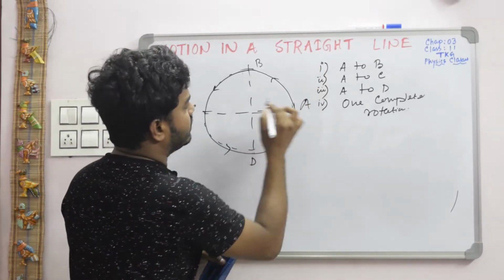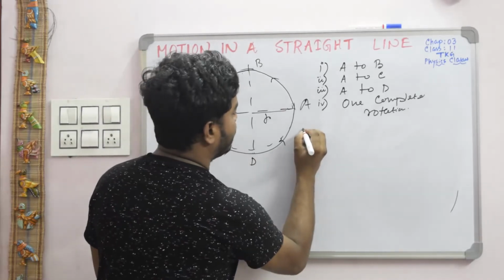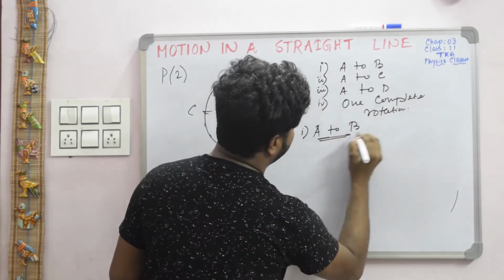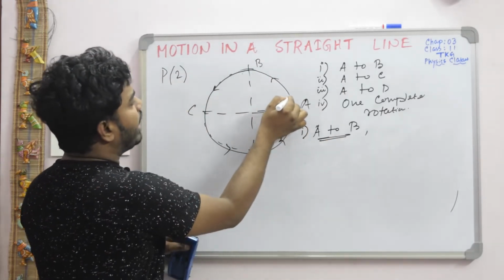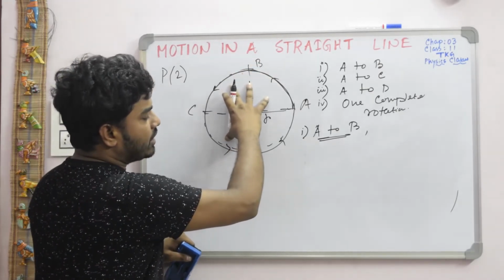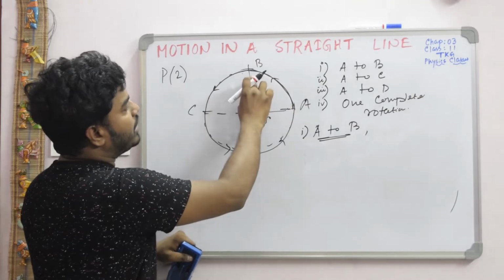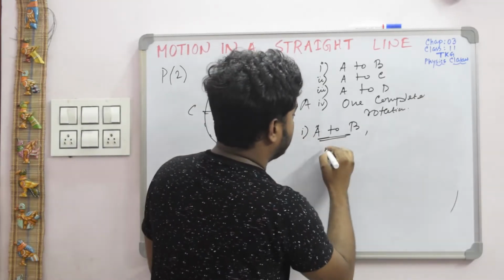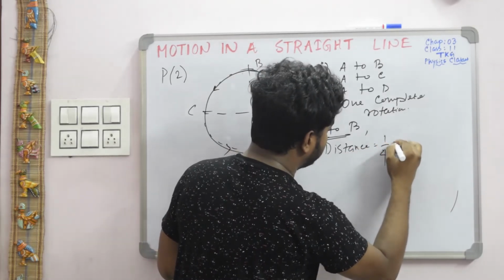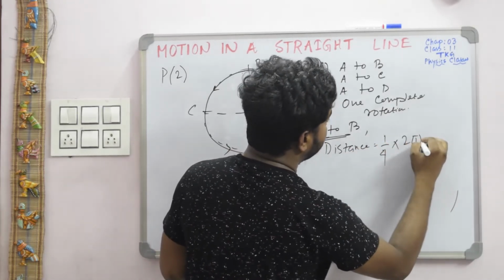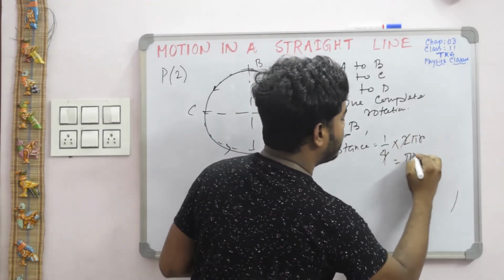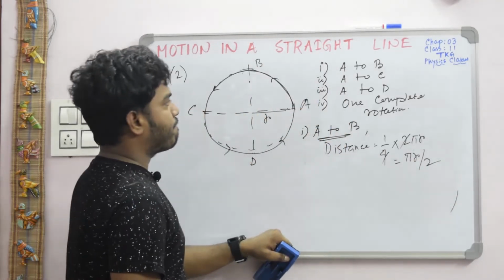We have to find the distance and displacement for these cases. The radius is given as r. So first case, when the body moves from A to B, what will be the distance? The body moves from A to B, this portion. The total circular perimeter is 2 pi r, and A to B is 1/4, so the distance is 1/4 into 2 pi r, the perimeter of this circle. So this one will be pi r by 2. Clear?